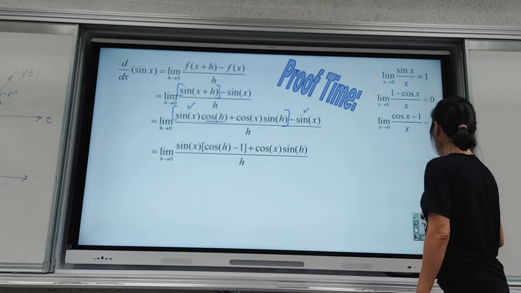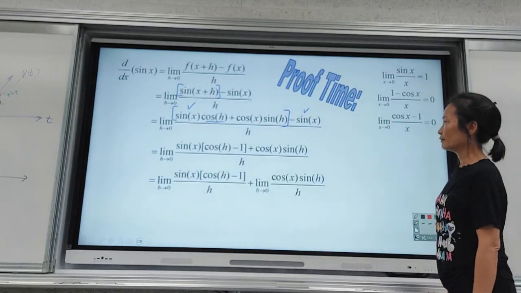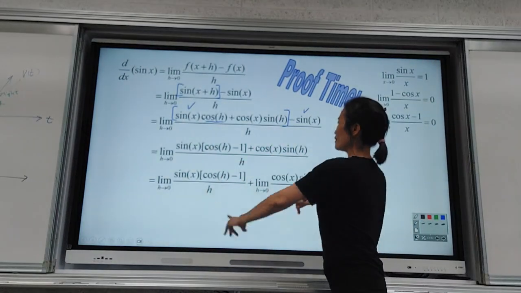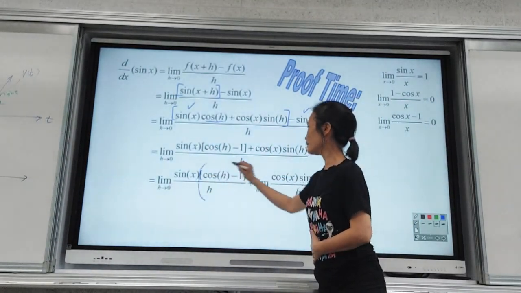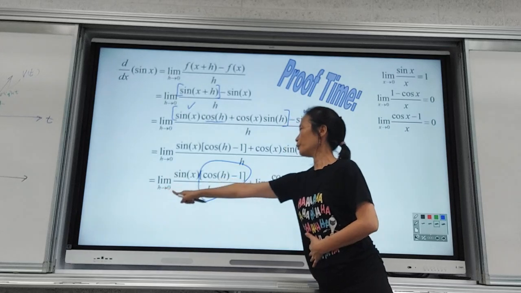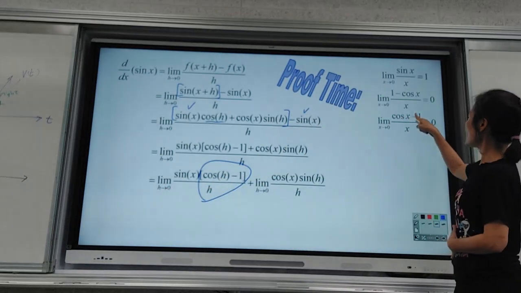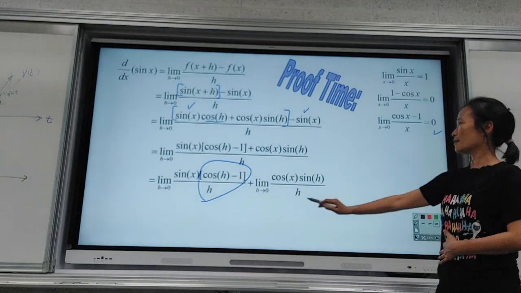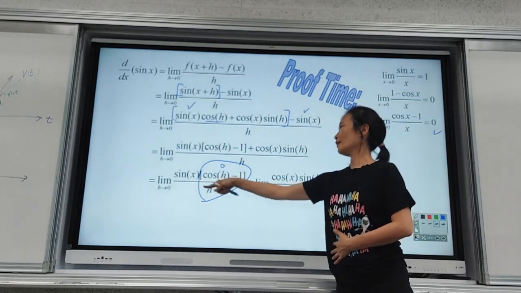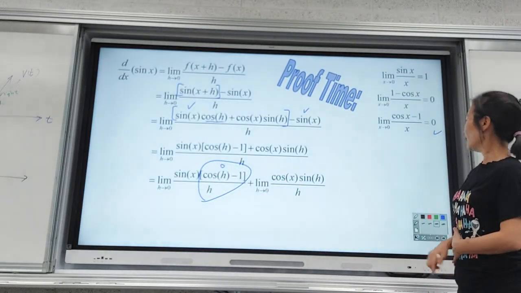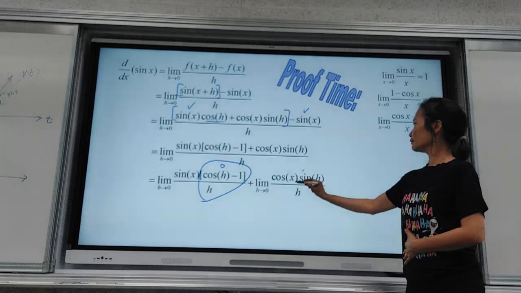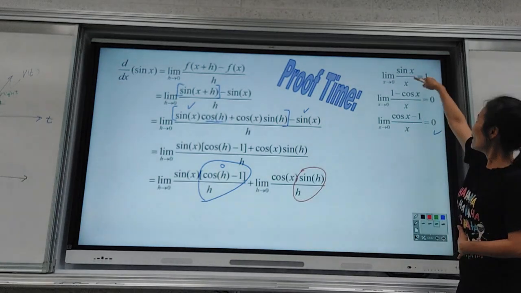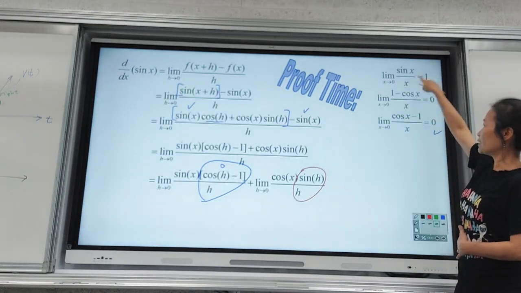Separate the 2 terms. Okay, here, this part. Limit when h equals 0 of cosine minus 1 is 0. So this is 0. 0 times anything is 0. And the other part, sine x over x when x equals 0 is 1.